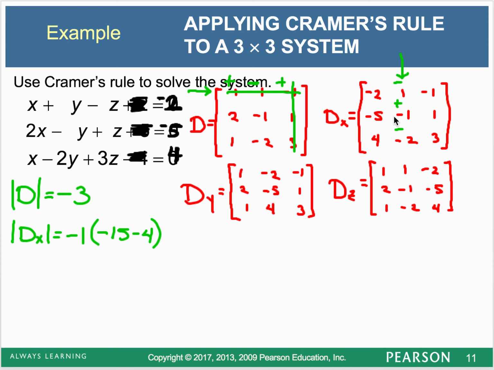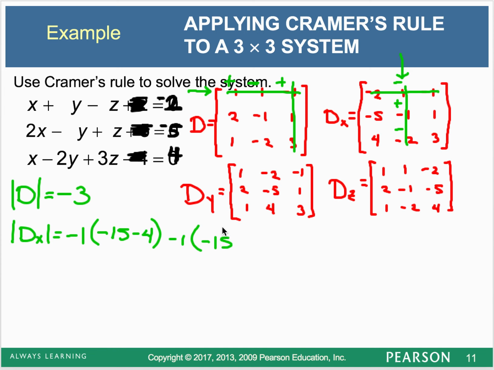Now I'm going down this column, so I have a positive negative 1, so that's going to be negative 1. When I mark out that row and column, I can see what matrix is left, so I have negative 15.